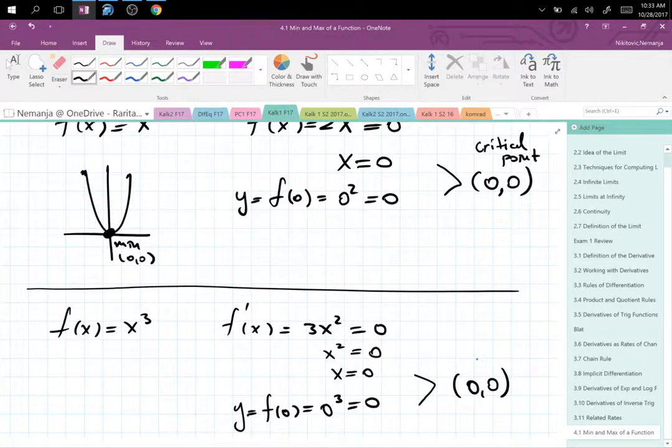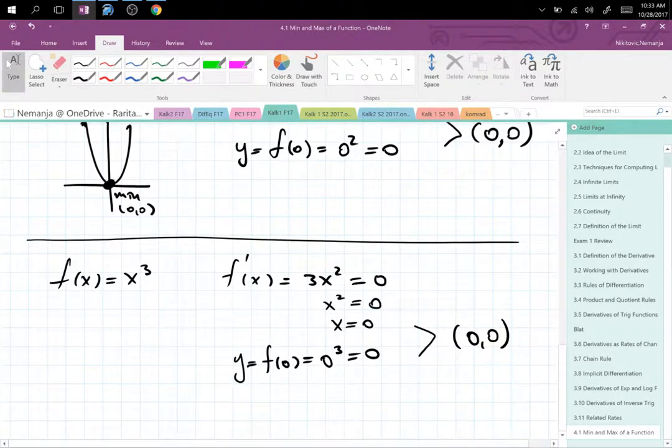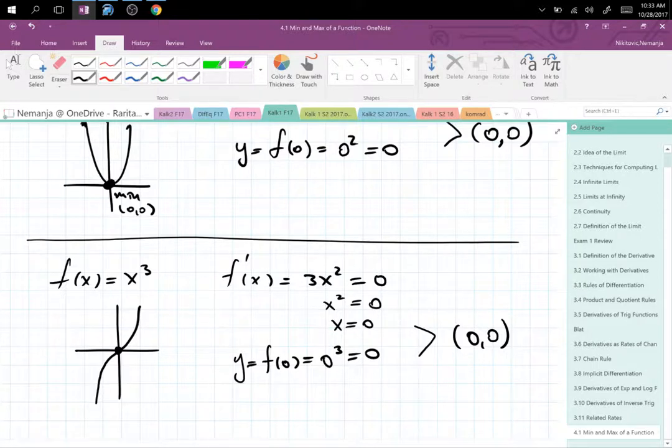Is it a min or a max? Hell no, right? It's going to be something that we'll learn later called an inflection point. As you can see, the cubic graph has the squiggle right there at (0, 0), and it's not a min or a max. So you have to be careful.